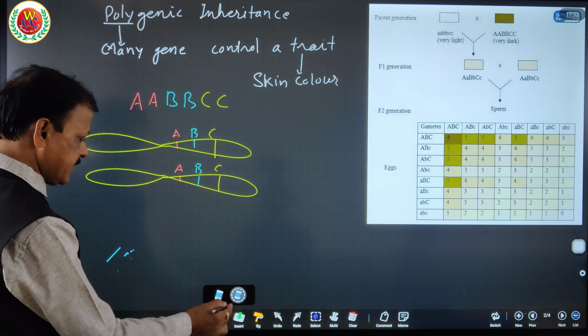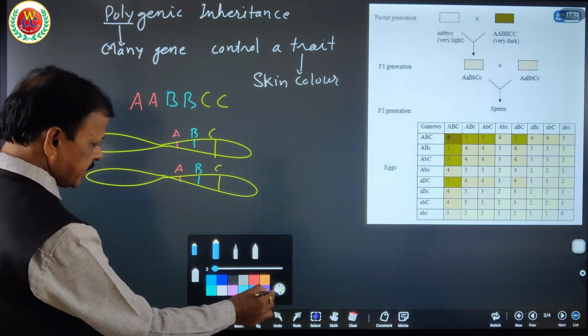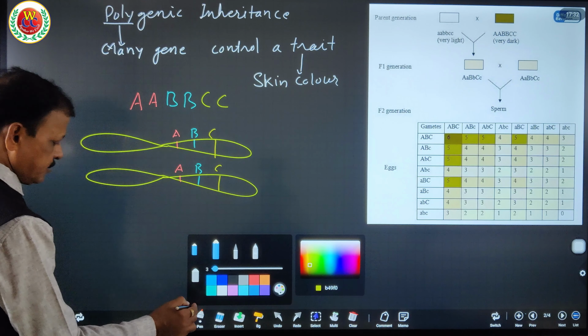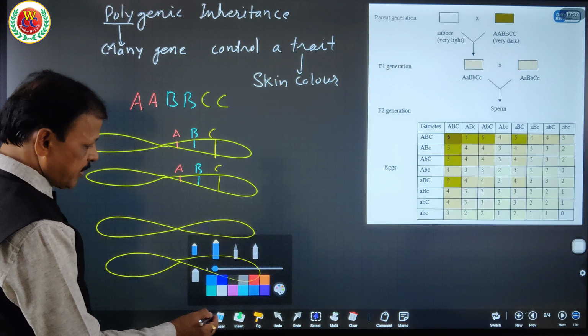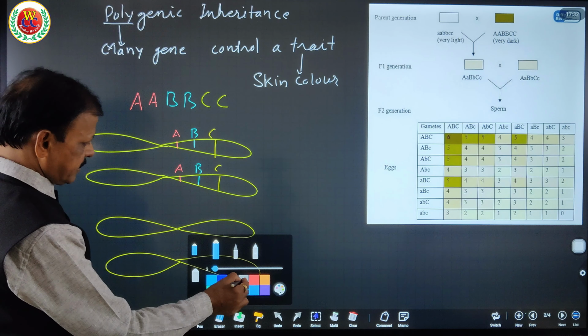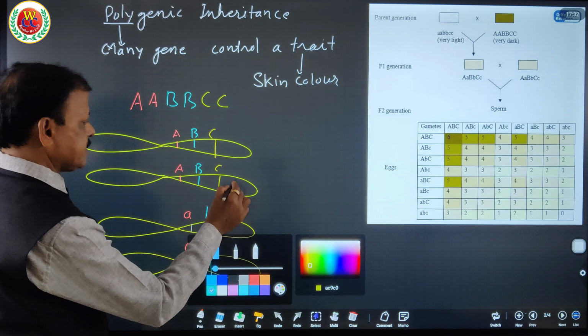To understand very light skin color, suppose this is a European man whose pair of chromosomes will have very light color, that is albinic: small a, small a, then another pair of genes small b, small b, and small c, small c.